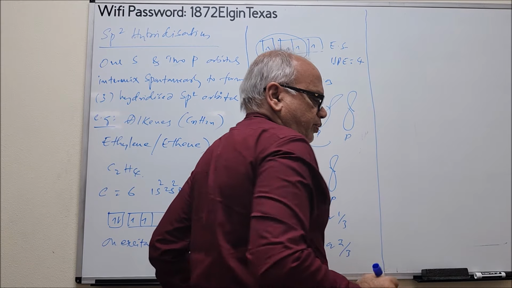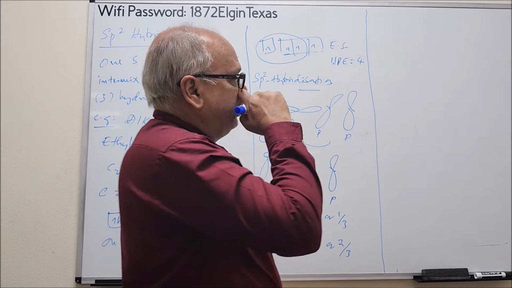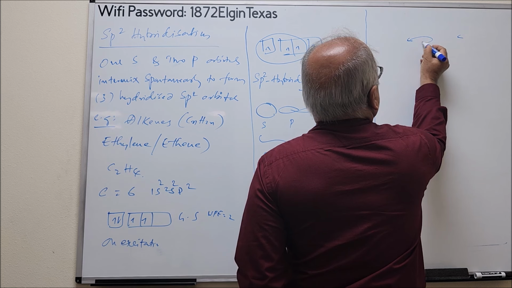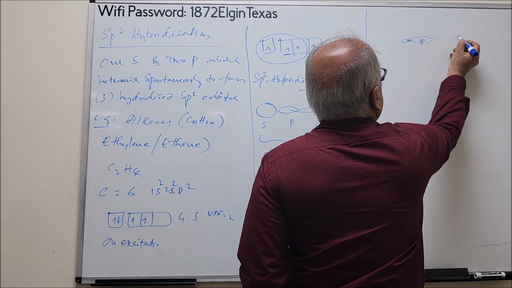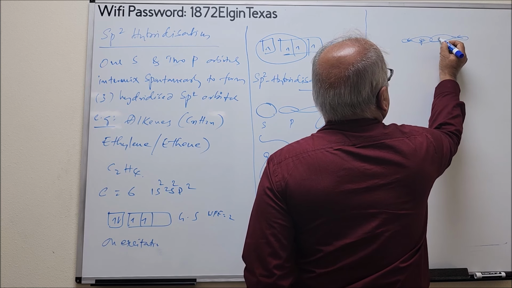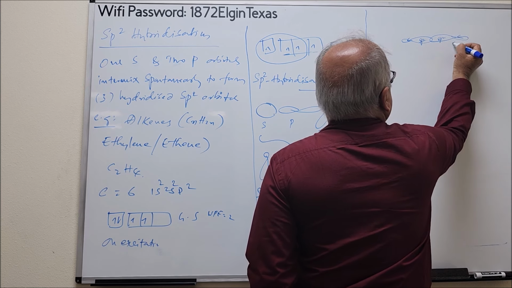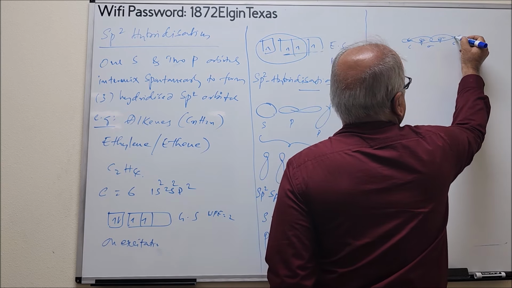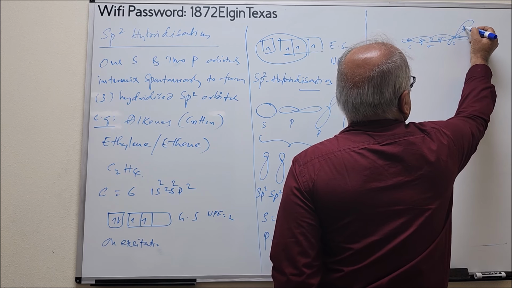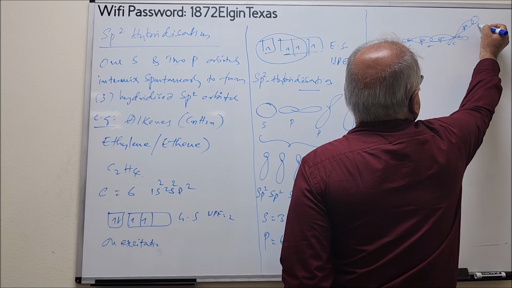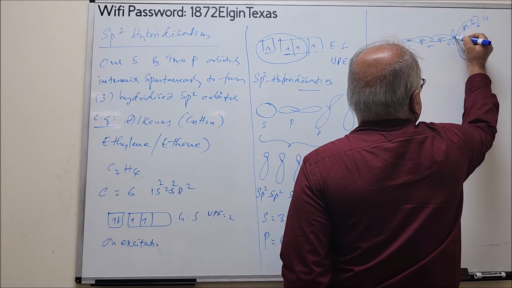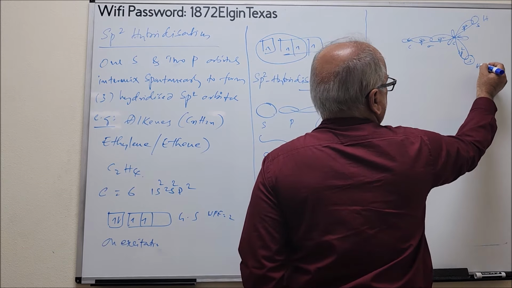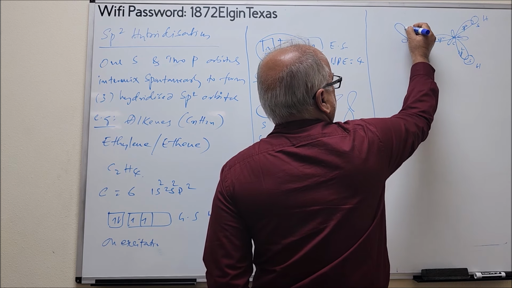Now if we show this in two carbon atoms, this is one carbon, this is another carbon. This is one SP2 hybrid orbital, and this is an SP2 hybrid orbital of another carbon atom. These overlap to form a sigma bond. Another SP2 hybrid orbital will overlap with the s orbital of a hydrogen atom, and another SP2 hybrid orbital will overlap with the s orbital of another hydrogen atom on this side.